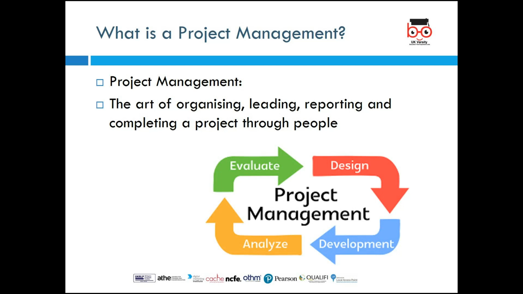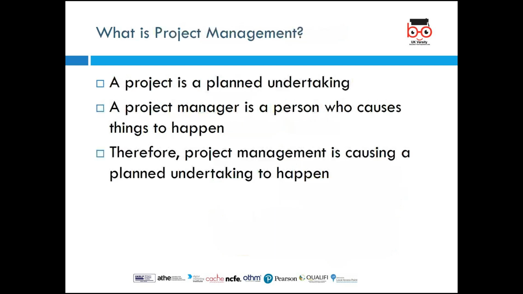This means that every project will go through the cycle of designing, development, analyzing, and evaluation of the project. So it will need a project manager who will lead the organizing, the leading, the reporting, and completion of the project. Right. Let's look at the next slide.